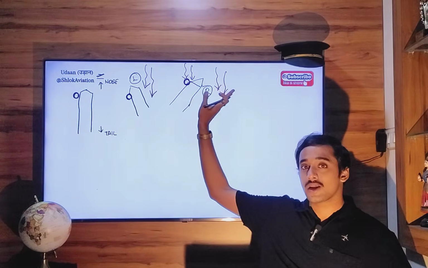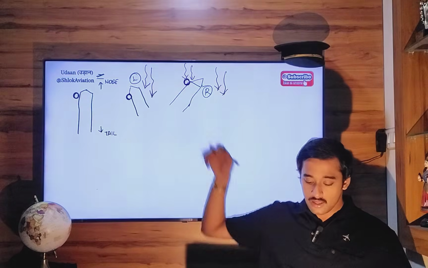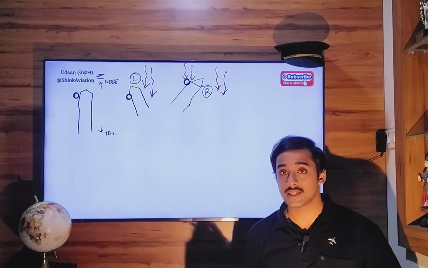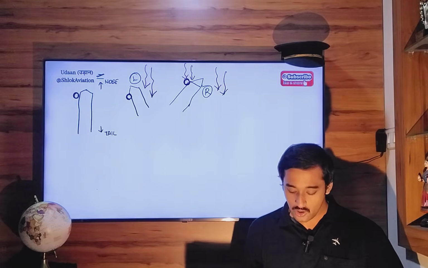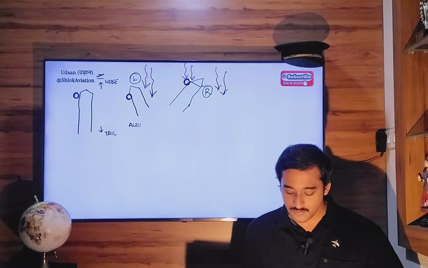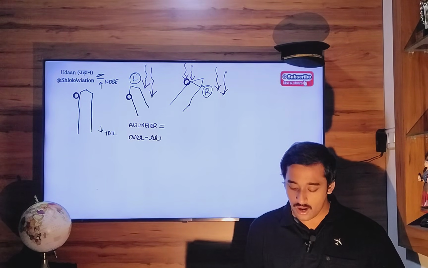If it's yawed to the right, the static port gets exposed to the relative airflow. Now in this left case, if the static port gets hidden from the relative airflow, the altimeter will overread. Why overread?